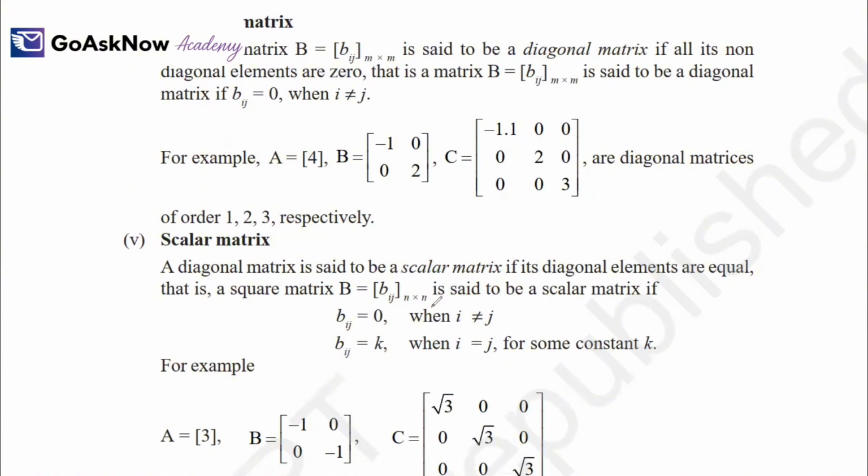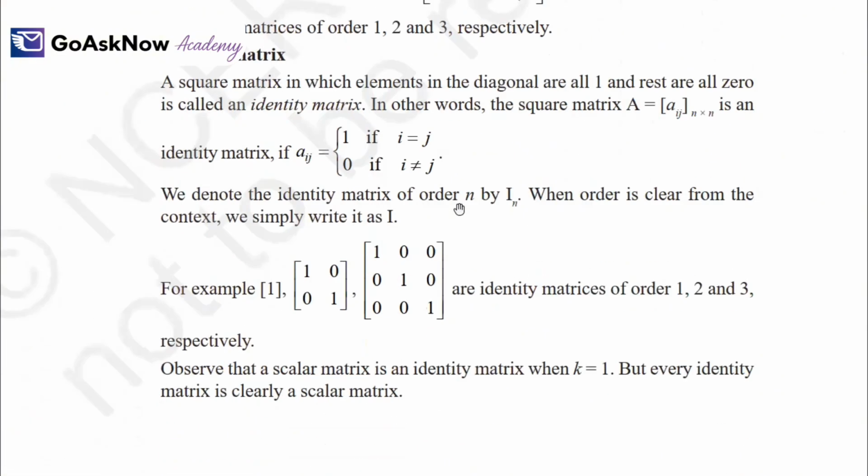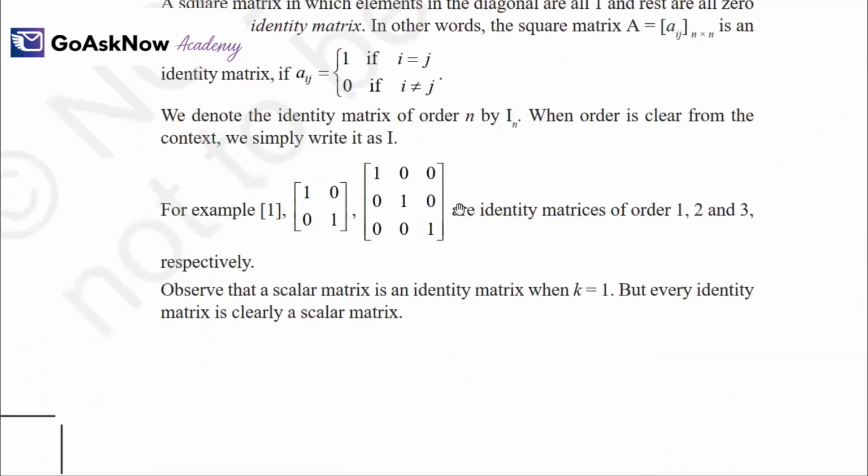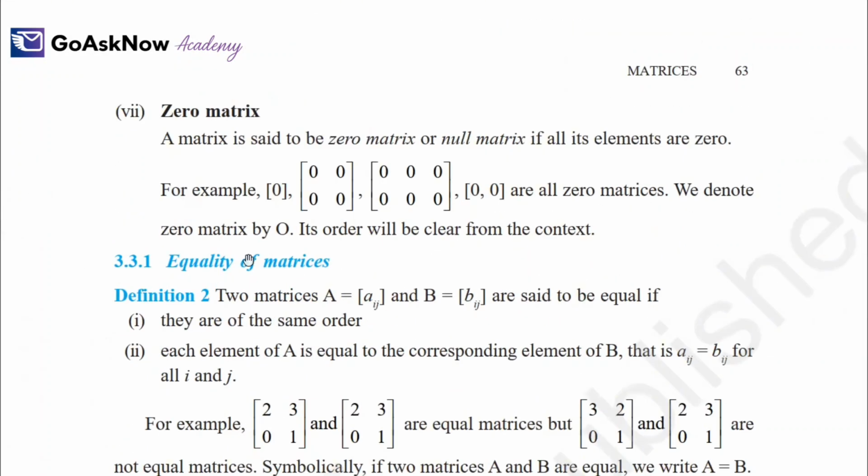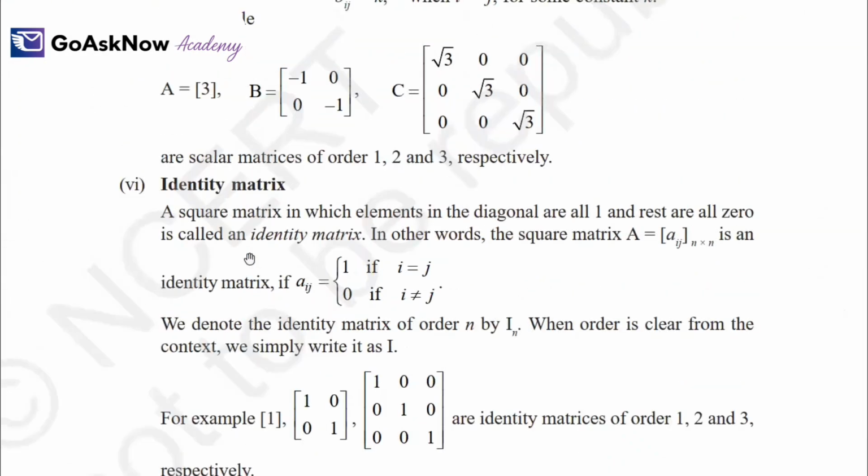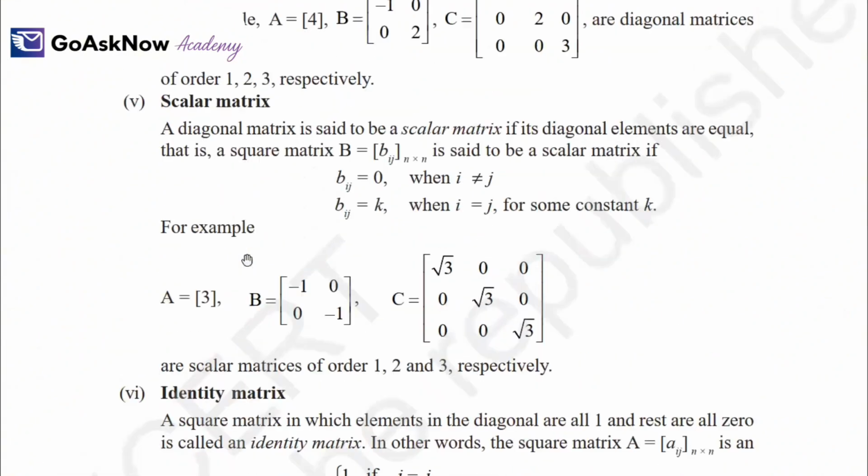Next, let's move to the next type. We have seen just now 5 types of matrices. What is the sixth type? Identity matrix. There are 7 types given in your NCERT portion. There are other types also, but you should only remember these for your NCERT syllabus and board exams.